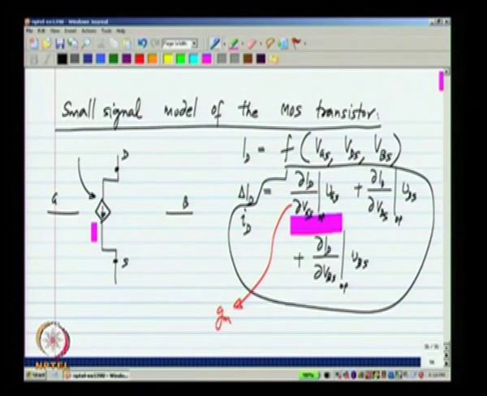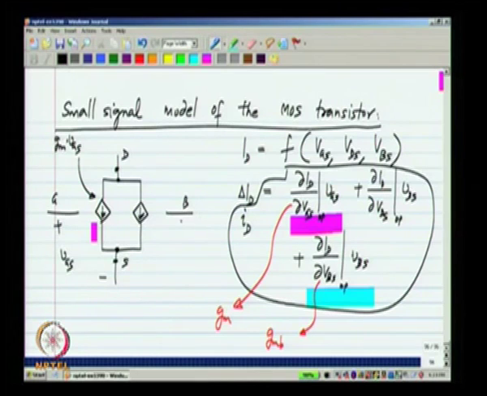So, this current is GM times vgs, where vgs is the small signal gate source voltage. Similarly, this current can be represented by another control source, and this constant here dou ID by dou VBS is like GM, but from the bulk. So, it is usually denoted by GMB.